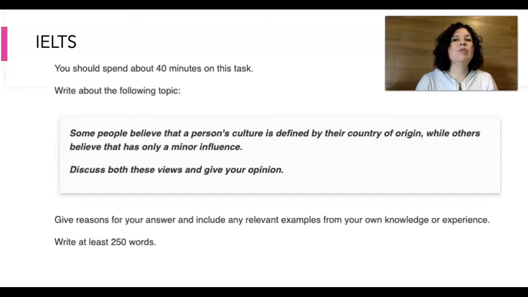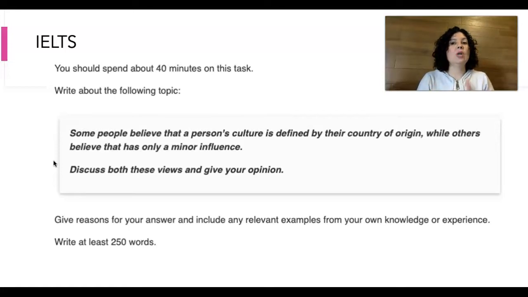This is an example for IELTS. They need to write an essay. So the question here, some people believe that a person's culture is defined by their country of origin, while others believe that it has only a minor influence. Discuss both views, okay?